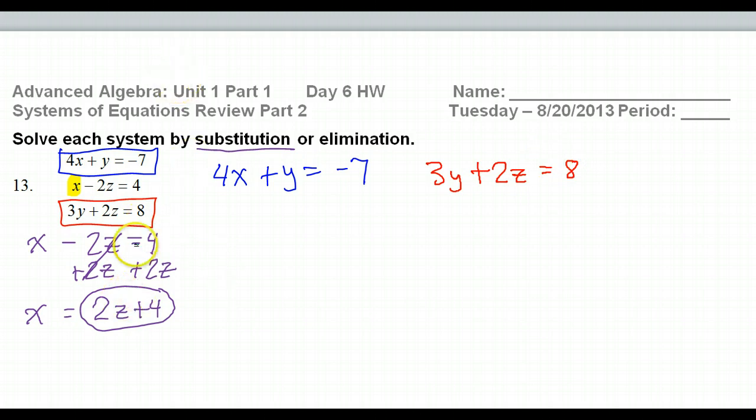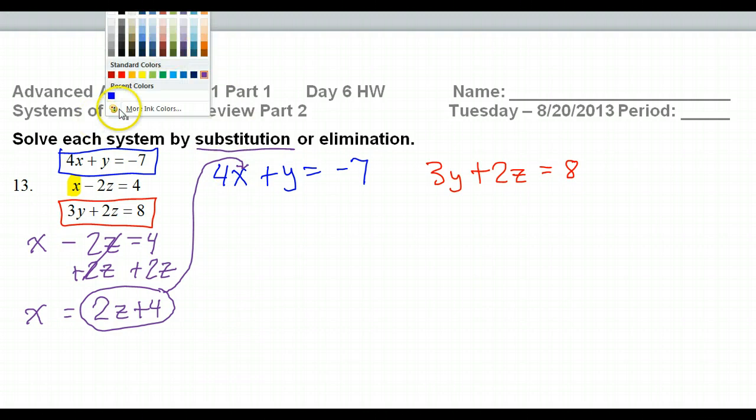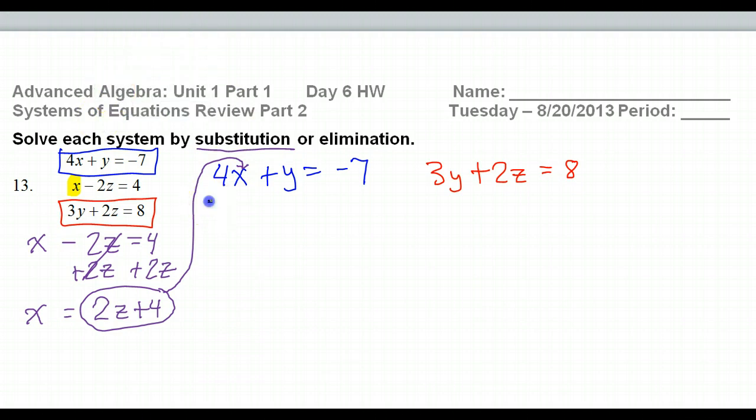Now, I'm going to take the stuff that I got by itself and substitute it into the blue equation. So I'm going to put x right there. So the blue equation is going to become 4. Now, I'm substituting for x, so it's going to be 2z plus 4, right here where the x was. And that's going to be plus y is equal to negative 7.